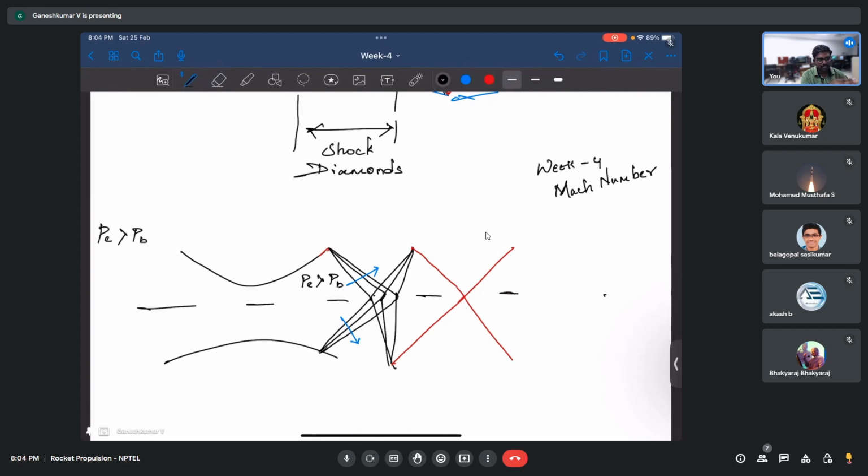So what you will do is try to match the exit velocity of gases from the gas turbine engine to be equal to the velocity of the aircraft, which is at Mach 0.8, a subsonic flow at the exit. You will not put a divergent portion. You will just put a convergent portion and leave it. That is the reason you will see a lot of gas turbines don't have a divergent portion. Correct.